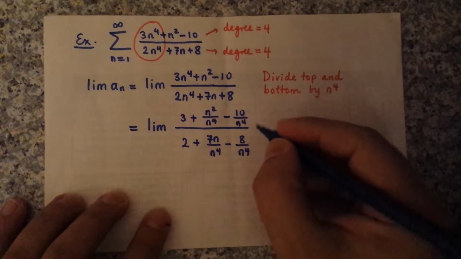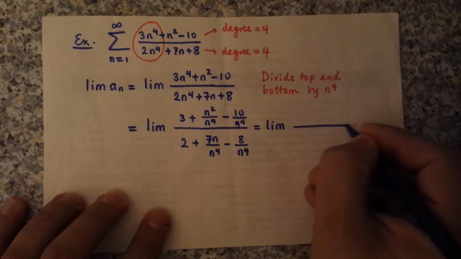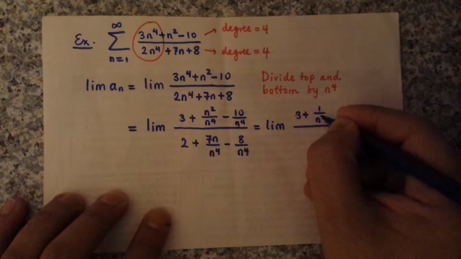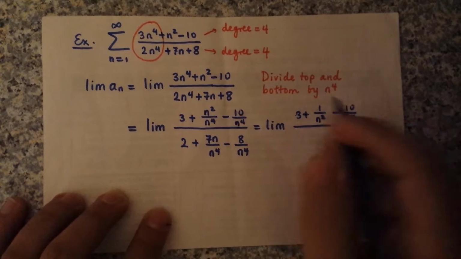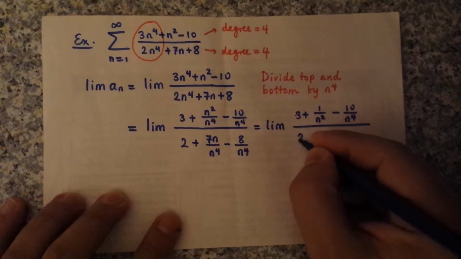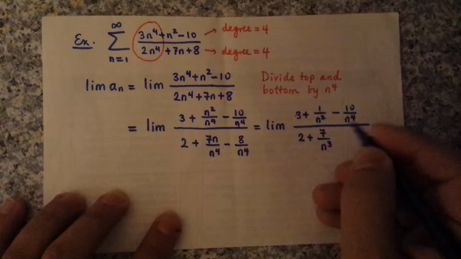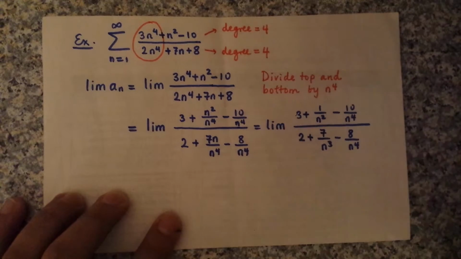If you simplify, you can see that will be the limit of 3 plus 1 over n squared minus 10 over n to the 4, over 2 plus 7 over n cubed minus 8 over n to the 4.